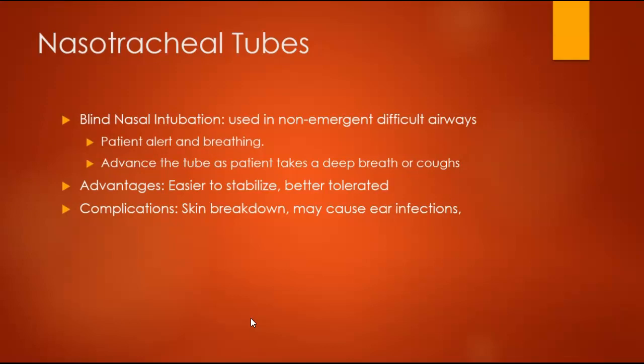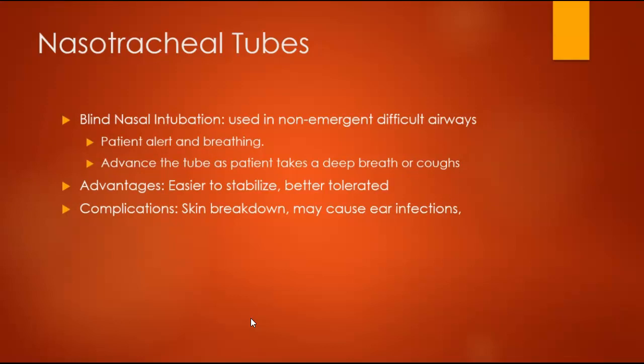This means that the patient's alert and breathing, but we don't want to sedate them and orally intubate them because they might be that patient who has a Mallampati score of 4. And we look in their airway and go, ooh, that doesn't look good. I don't want to mess with that. I'm not going to take away your drive to breathe with medications that are required to orally intubate you. I'm going to do a blind intubation and intubate you nasally.